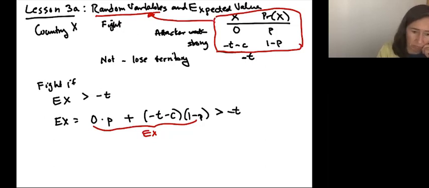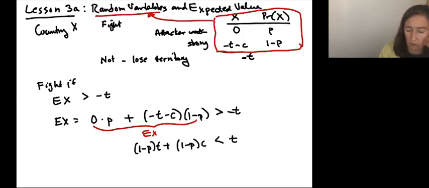So just to tie up this example, I've got a 0 in this first term, distributing the 1 minus P over those two terms. Actually, I think I'm going to factor out a negative 1 at the same time because there are too many negatives floating around. So when I factor out the negative 1, I'm going to switch the direction of my inequality. I'm going to get 1 minus P times T plus 1 minus P times C.